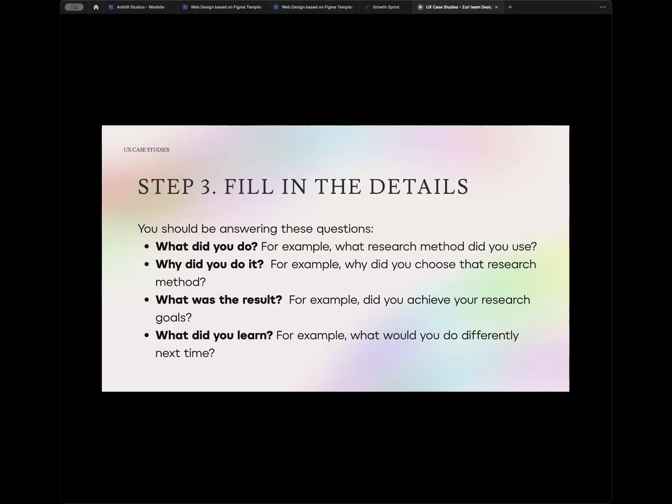You've told me that you chose it because it could help you reach your target audience. You've told me that because of the survey, you're able to get information from a higher number of people that they would prefer to use this product than the competitor's product. Fine. So what have you learned? What would you do differently? These are the 4 questions that must come in under the what I did section.